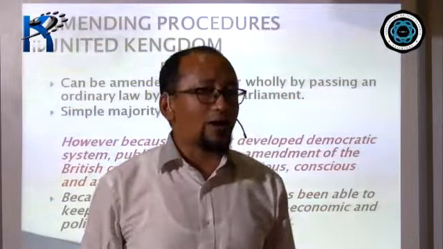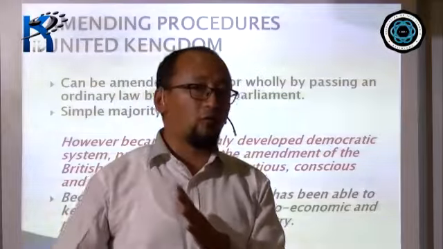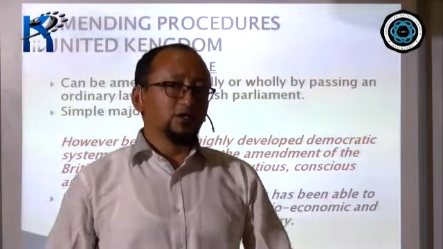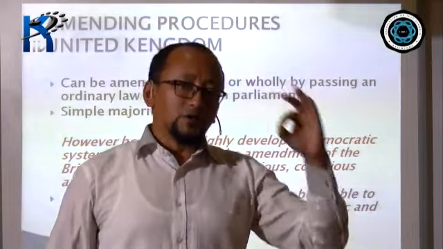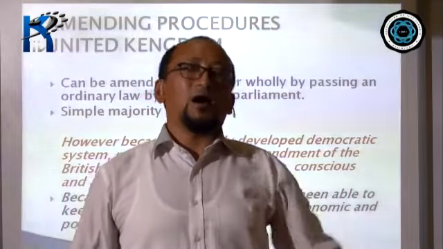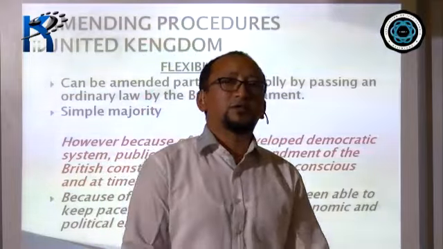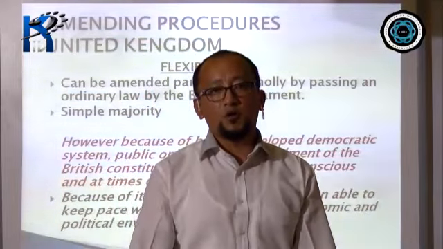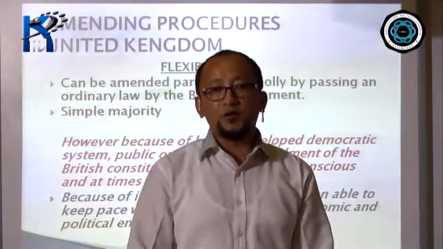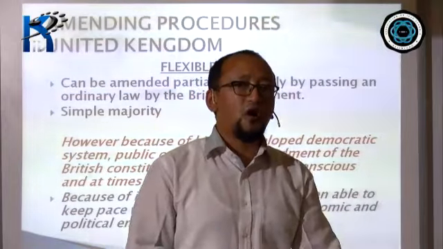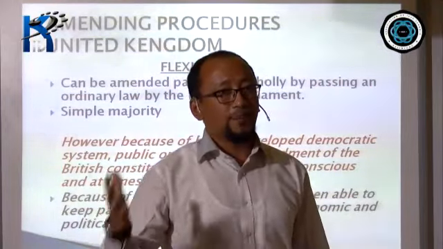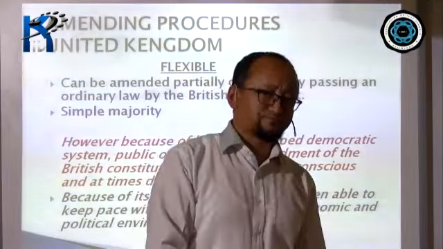It does not require any 2/3 or 3/4 of the resolutions, all right? So I repeat once again, British Constitution can be amended by the UK Parliament with a simple majority, and primarily it could be the House of Commons, the powerful house. All right, that's the first thing.